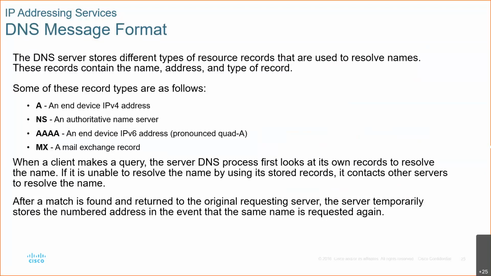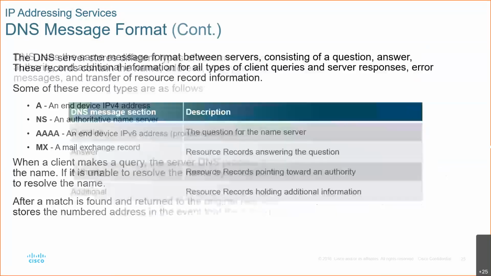And if it's MX, that means it's a mail exchange record server, and that means your email is stored there. So based on this, you can find out many things.